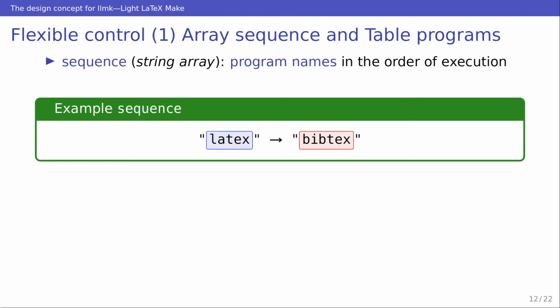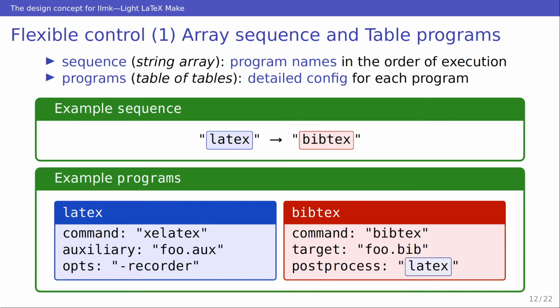It is a string array which consists of the program names in order of execution. The second one is the programs table, which is a nested table that gives the detailed configuration for each program in the sequence array.